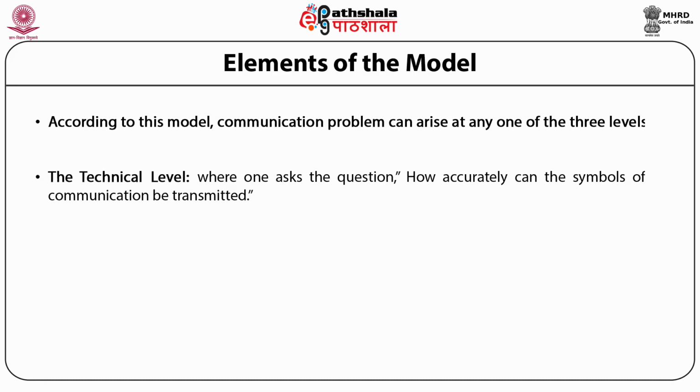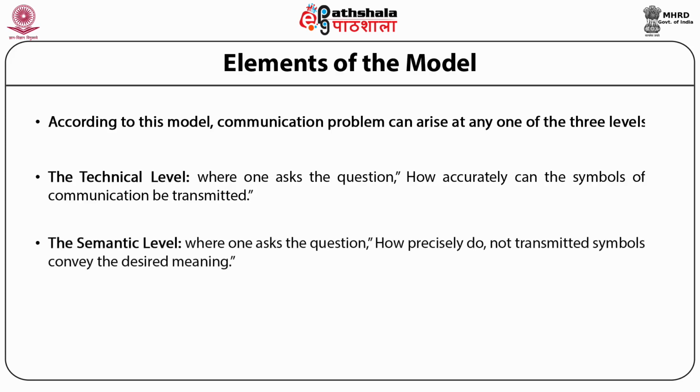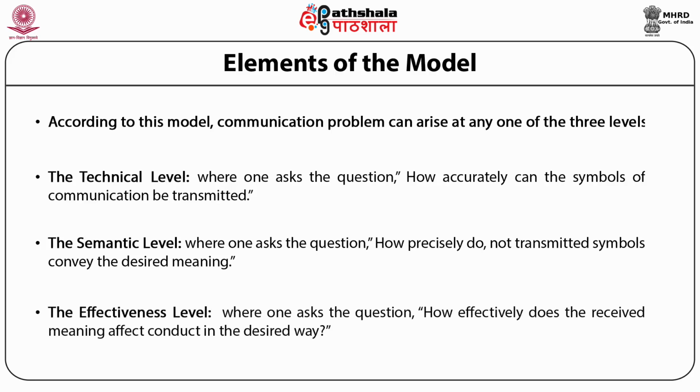Technical level, where one asks the question, how accurately can the symbols of communication be transmitted? The semantic level, where one asks, how precisely do the transmitted symbols convey the desired meaning? The effectiveness level, where one asks, how effectively does the received meaning affect conduct in a desired way?